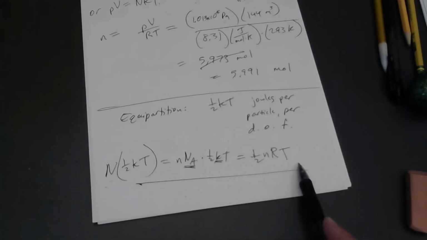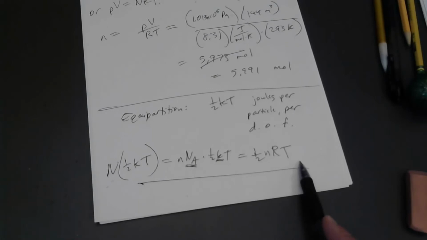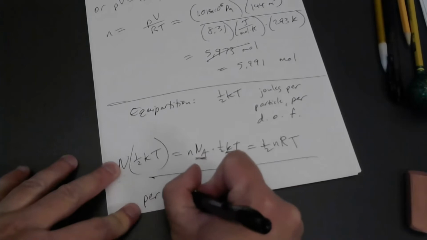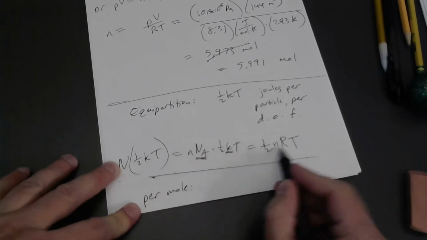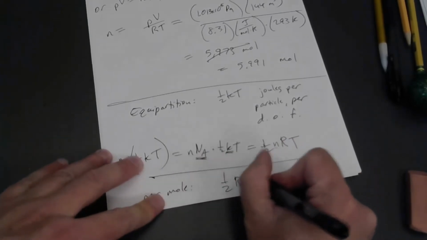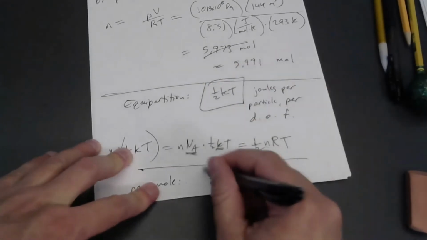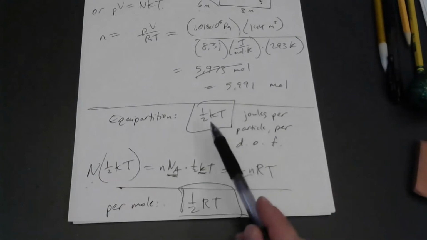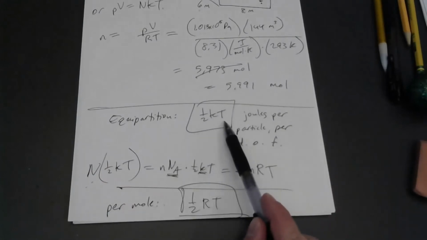But what if you just want to know the amount of energy per degree of freedom per mole? Then you would divide by the number of moles. So just divide out the n. And this is what I was working towards. So I would memorize both of these. At absolute temperature T, this is how many joules of energy are associated on average with each degree of freedom for each particle.